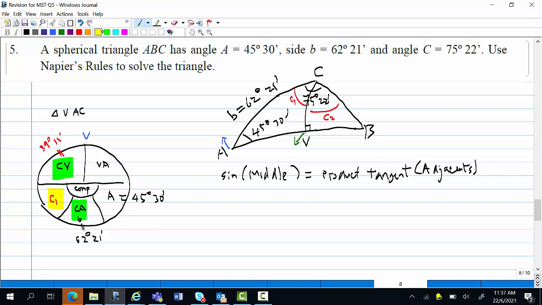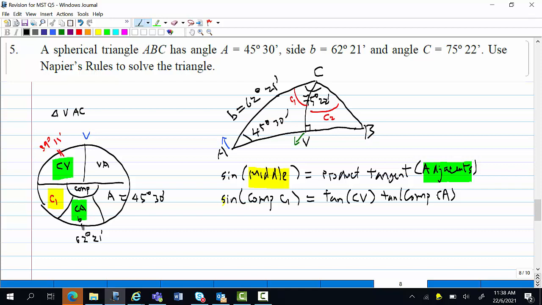The middle part is in yellow and the adjacent parts are in green. Since C1 is in the lower part of the view, you need to use comp C1, and the tangent parts, CV on the top there, so tangent CV and tangent of comp CA.